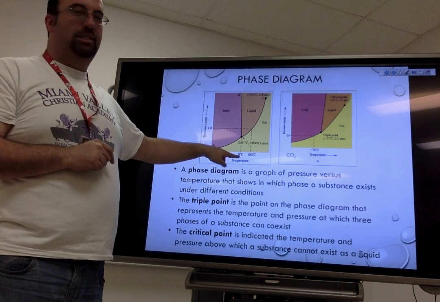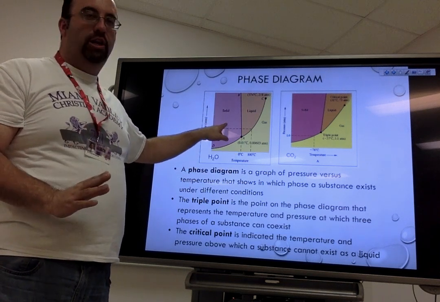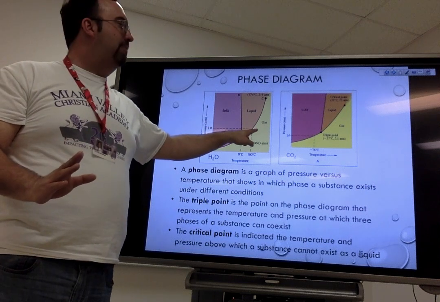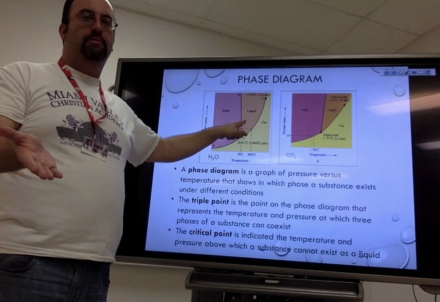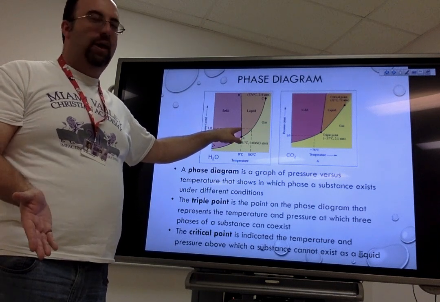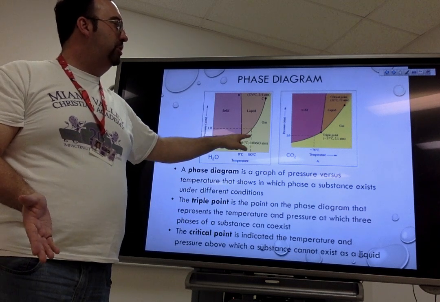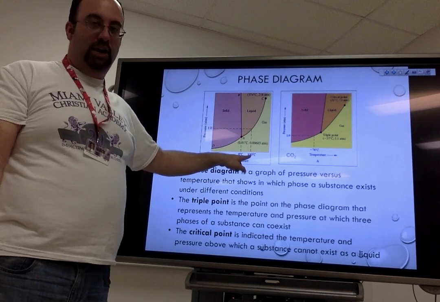Once we hit 0 degrees Celsius, we see a phase change from solid to liquid, which is melting. We can then continue to add heat, and that turns the liquid into a gas, and that temperature for water is 100 degrees Celsius.